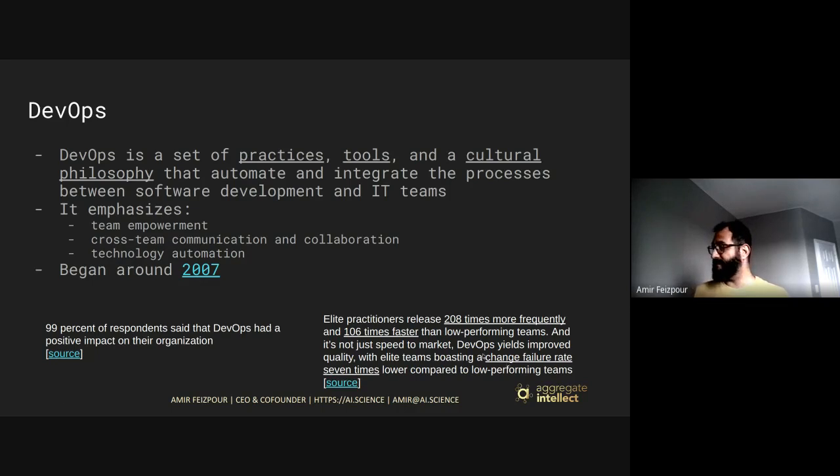This is the most important part for me: the chances of failure significantly reduce in teams that adopt DevOps. The reason is that we are able to make smaller changes in our system, see what happens, and keep repeating that. So the ability to fail safely significantly increases when we adopt DevOps practices.